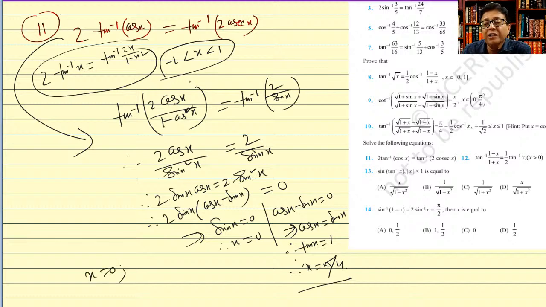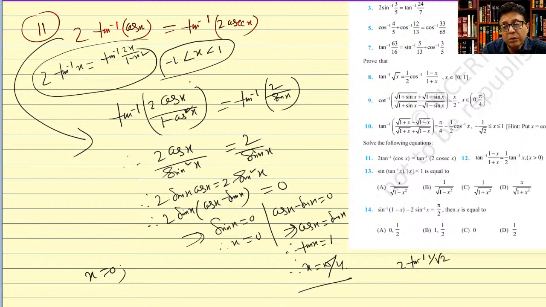Is pi by 4 valid? Check. Just put the value and check over there. 2 tan inverse cos x, 2 tan inverse cos pi by 4, tan inverse 2x by... and the right hand side also. 2 cos x is coming 2 root 2.